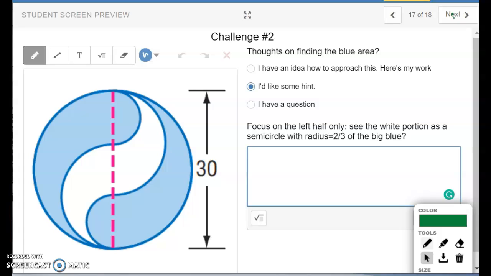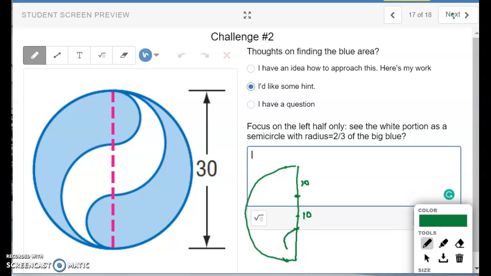Let me draw half a circle right here. I am told that this is 30 here, and it looks like it's being divided up into thirds. So that's going to be 10 here, and 10 here.